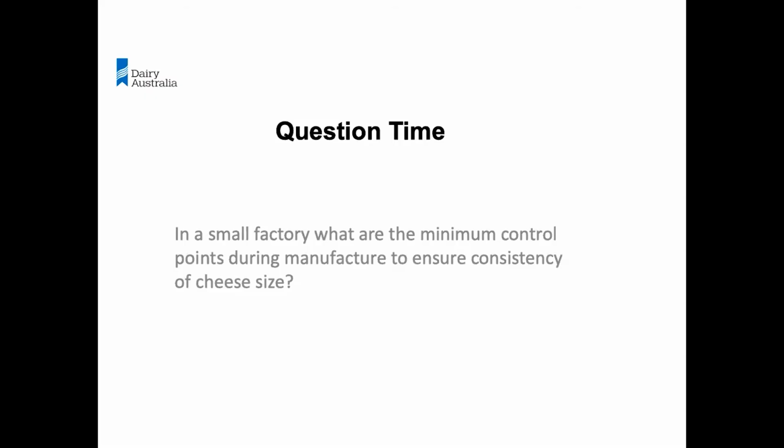In a small factory, what are the minimum control points during manufacture to ensure consistency of cheese size? That's a big question, because the cheese size will be the consequence of a few different parameters. The first one to control will be the milk composition. Of course, the milk composition will affect directly the yield. So the higher the proteins and fat in the milk, the more cheese you should make.